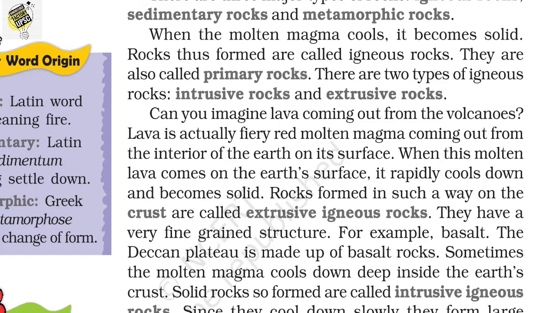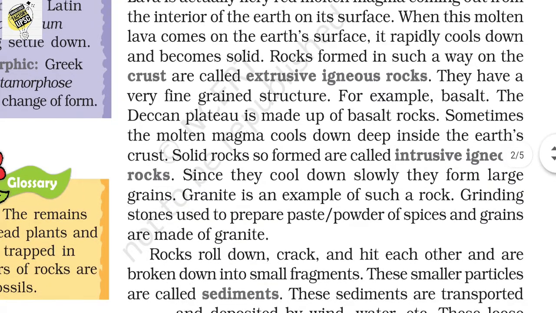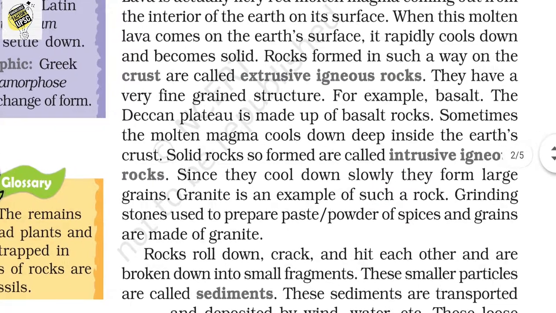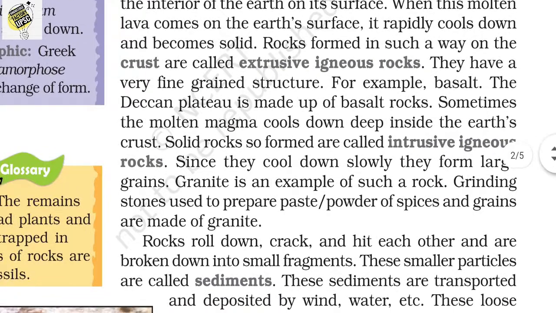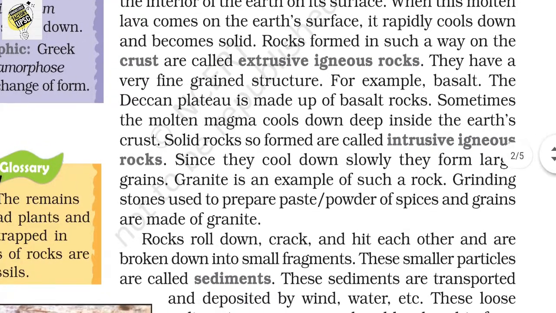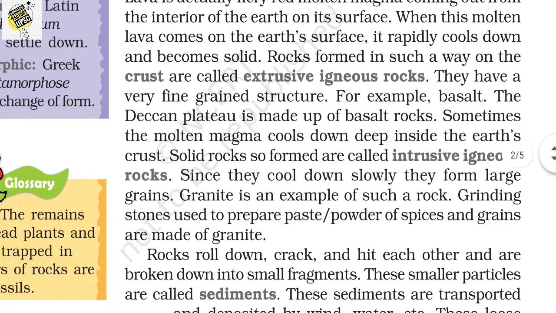When the molten lava comes out onto the earth's surface, it rapidly cools down and becomes solid, and the rock formed in such a way above the crust is known as extrusive rock.